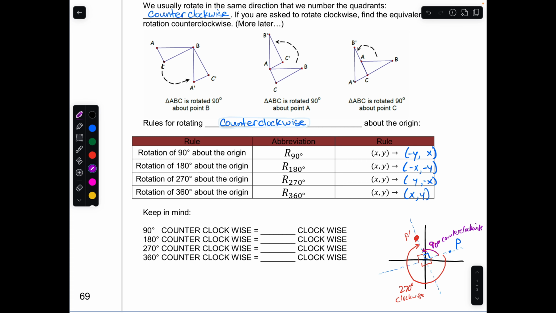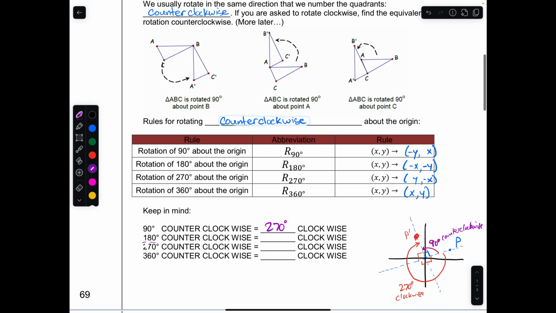So 90 degrees counterclockwise is the same as 270 degrees clockwise. I'm not going to draw a picture for the other ones. The pattern, though, is that these degrees should add up to 360. We're completing that circle. So 180 degrees counterclockwise is actually going to be the same as 180 degrees clockwise. We'll end up in the same spot.